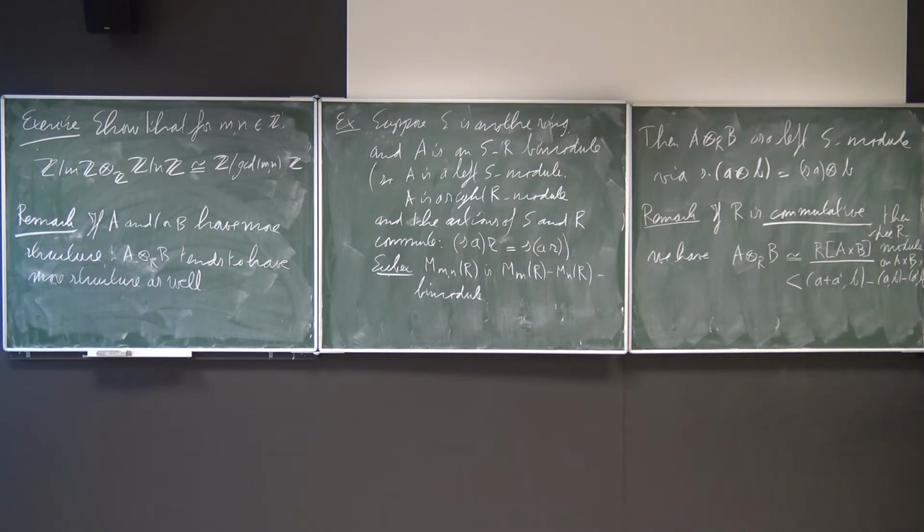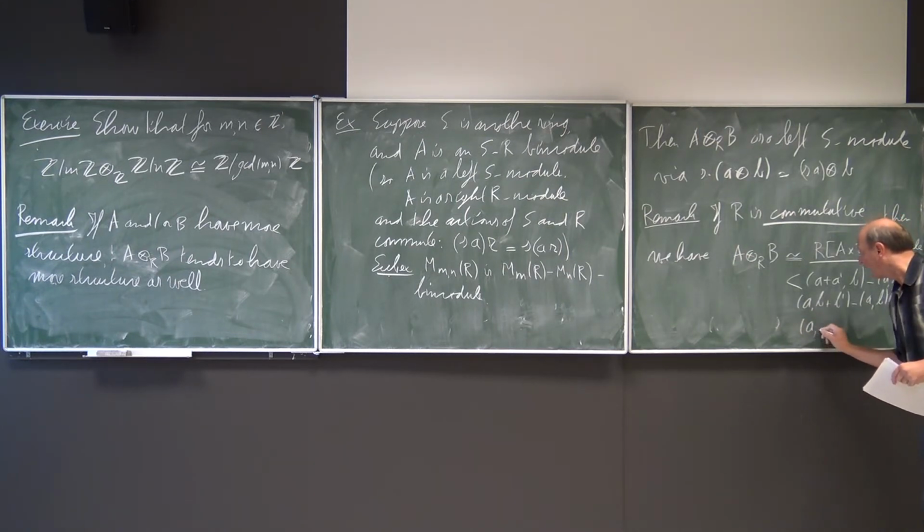I'm not going to write for all a and a prime, etc. Then also in the second. And the last one tends to be written a little bit differently, because in this case I can multiply an element (a,b), which really stands for 1 times (a,b), with an element in the ring R. Before I couldn't do that because it has Z coefficients.